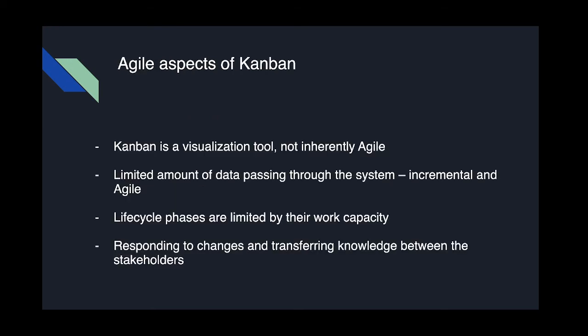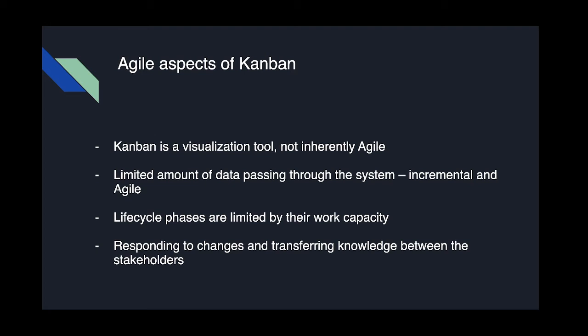Some of the agile aspects of Kanban are, so first of all, it's primarily a visualization tool, so it's not inherently agile, but because Kanban can be applied to visualize and improve the flow of work, regardless of the methodology being used to do the work, you can use it along with agile.